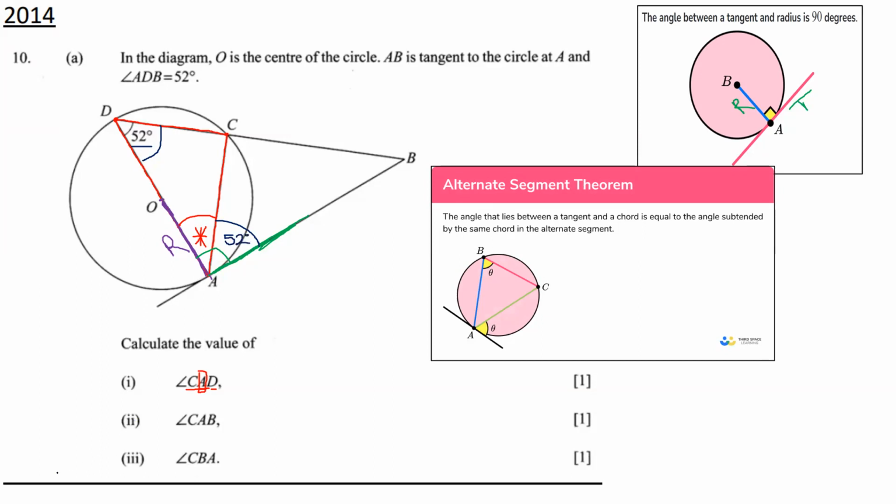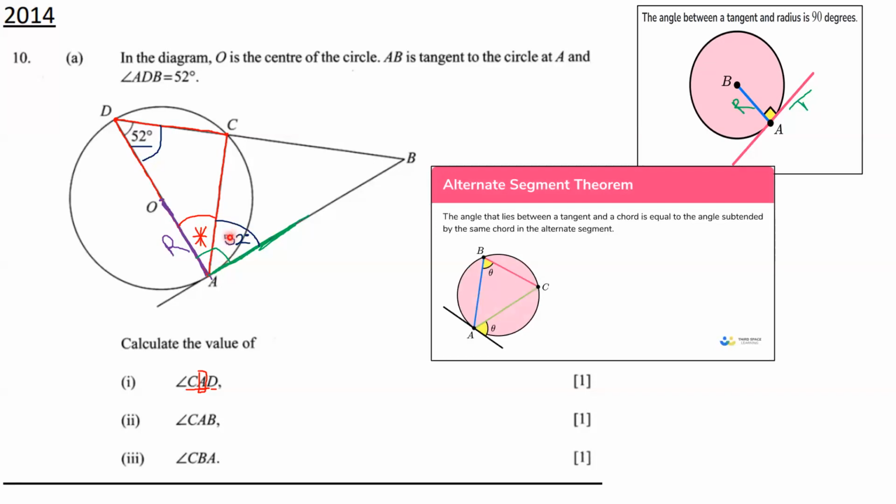Because the theorem tells us that the angle formed between the tangent, the one in green, and the chord, the one in red, is equal to the angle subtended by the chord. And so the angle subtended by the chord is 52 degrees. So this one is 52, and this one is 52.